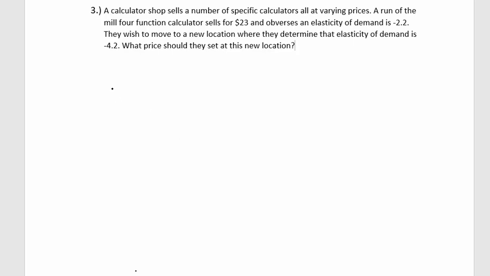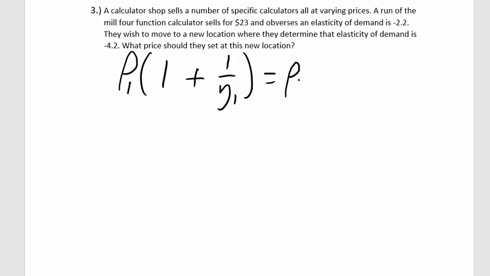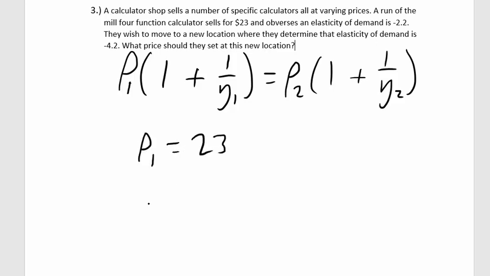So, as with all elasticity in use problems, what we can do is start with our formula of price 1 times the quantity of 1 plus 1 over elasticity 1 is equal to price 2 times the quantity of 1 plus 1 over elasticity 2. And what we know is price 1 is $23.